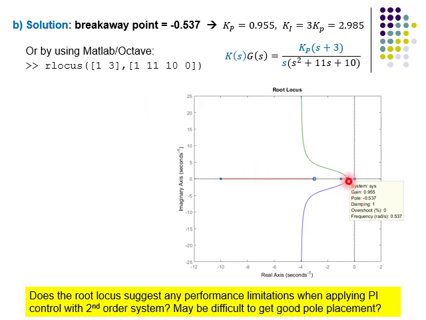cannot be shifted far away from the imaginary axis. To get a fast response, to give the closed loop system a short settling time, we'd need to shift these poles further from the imaginary axis.